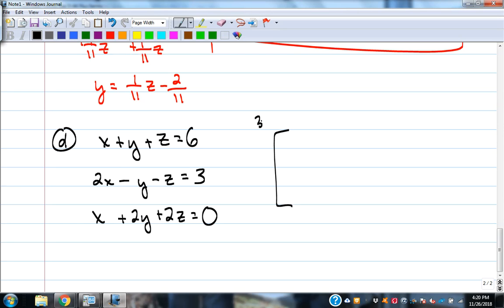So again, a 3 by 4 matrix is what you're going to put in. It's going to be that one, and see what happens with it.